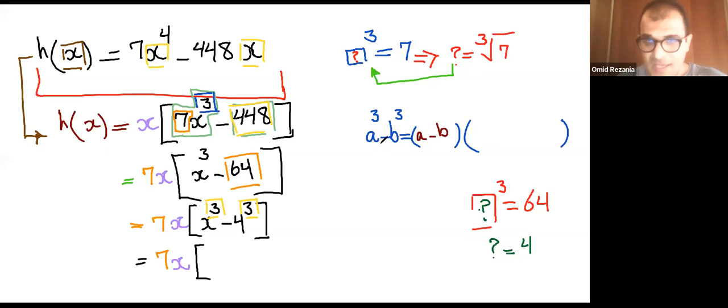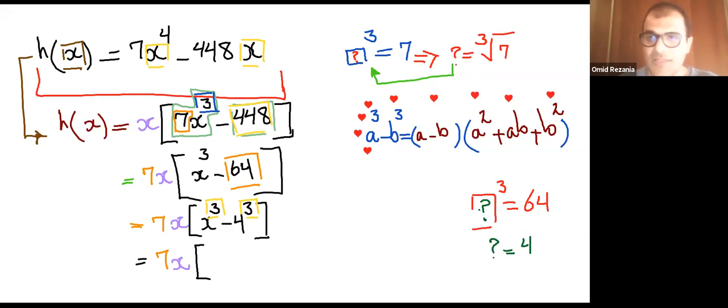A cube minus b cube. The closest parenthesis is impacted by the sign: if this is minus, the smaller one gets the minus. Then I have a squared. Because this is minus, now it becomes plus ab plus b squared. And I'm going to love this so much. This is the one which I love very much.